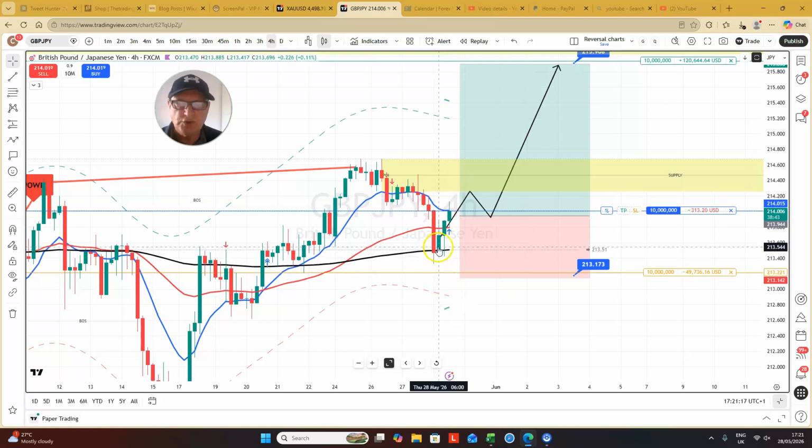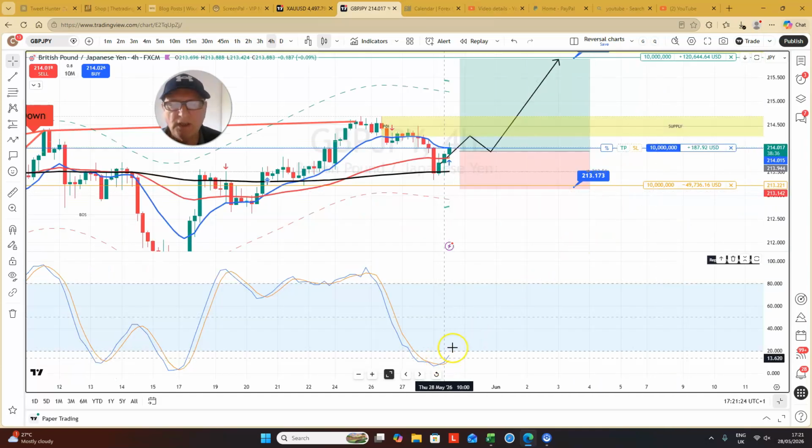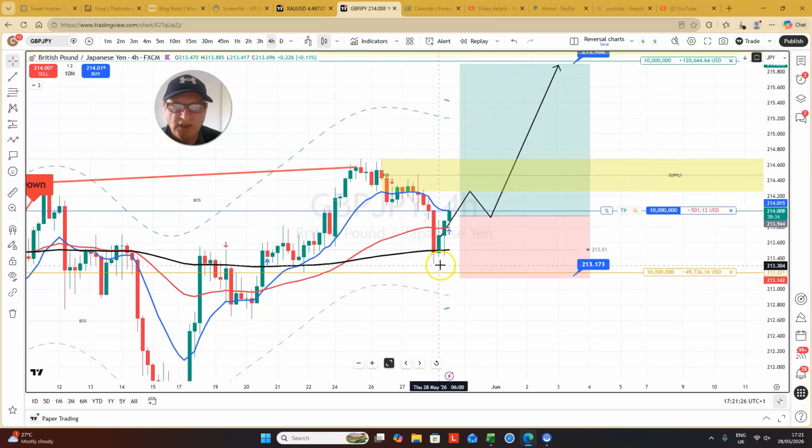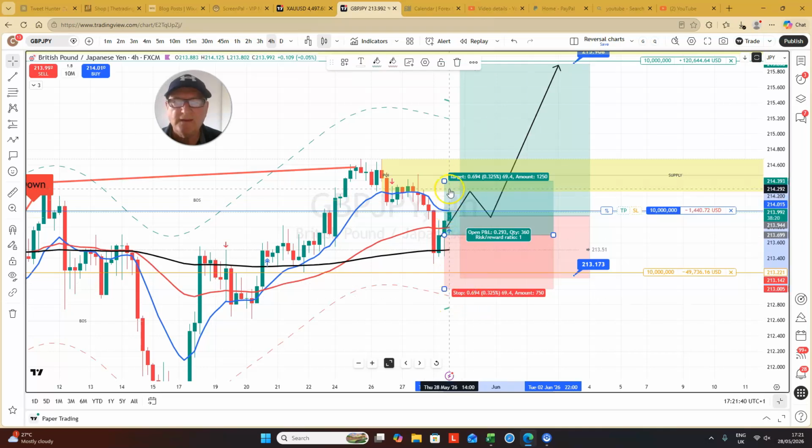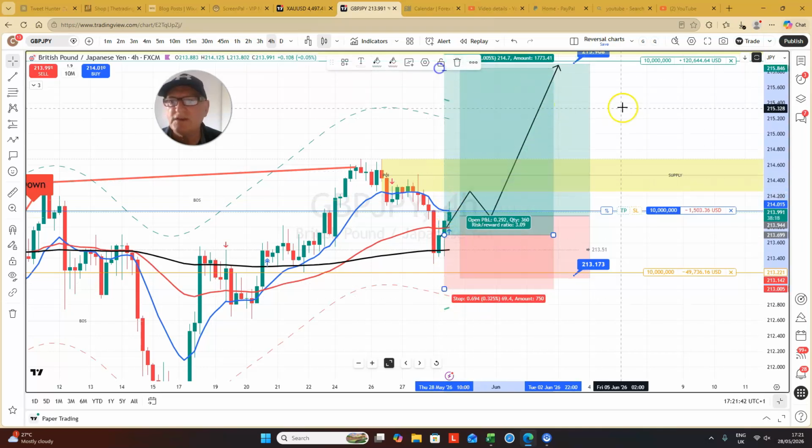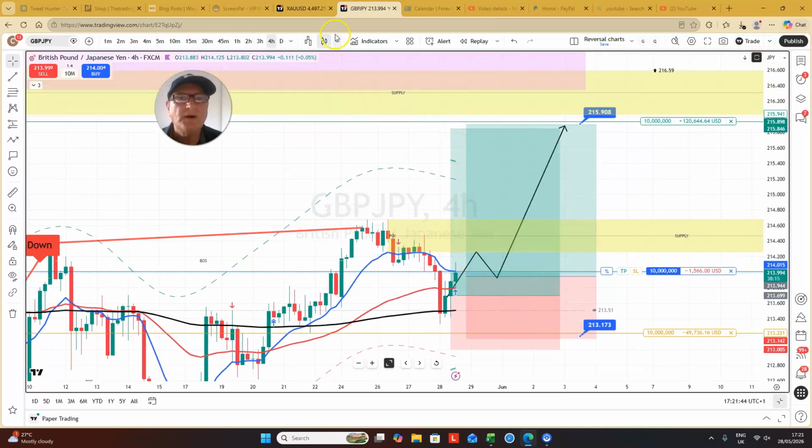So you could have entered much sooner using a live chart, especially with the price cycle so low on a 4-hour chart. The chances of this price moving down into this area are very slim indeed. So let's have a look at that. If you got in on the next candle here, slightly sooner, or even on this green candle, somewhere there, your target is already set by the software.